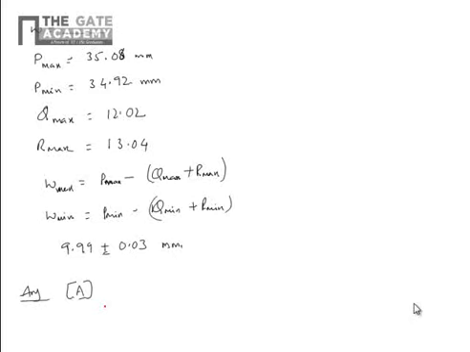Similarly, there is another problem on taper measurement. In 2010 they asked. Question number 2, ME 2010. He has given the taper hole is inspected using the CMM with a probe of 2 mm diameter at a height of 10 mm from the ground.